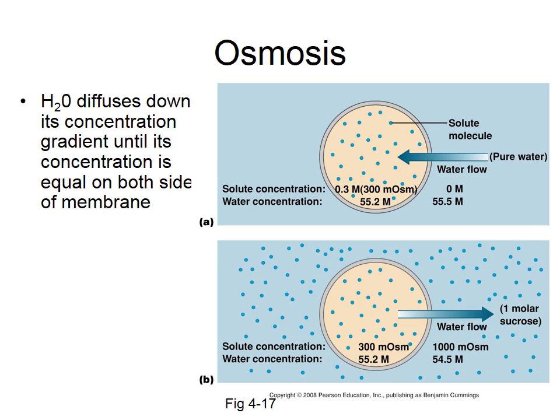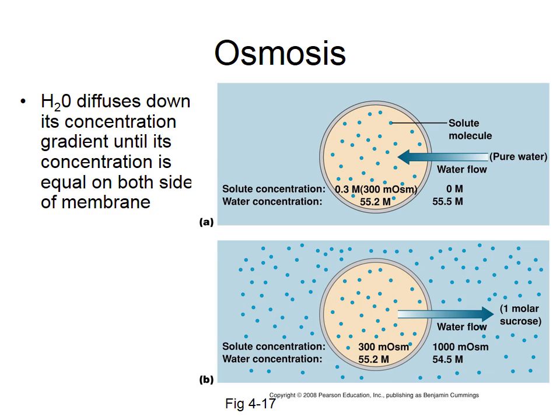That water has an osmolality of 0, no solutes in it. So which way is water going to move? Into the cell. And what's going to happen to that poor cell? It's going to burst or lyse. So if you put your cells into deionized water, they will rupture or lyse or burst.